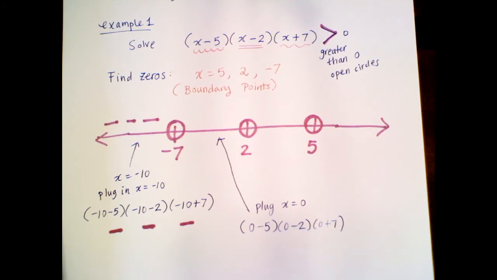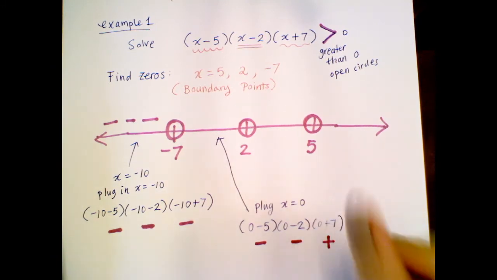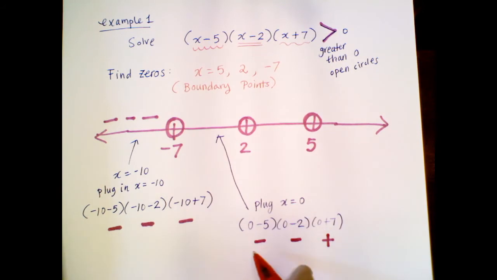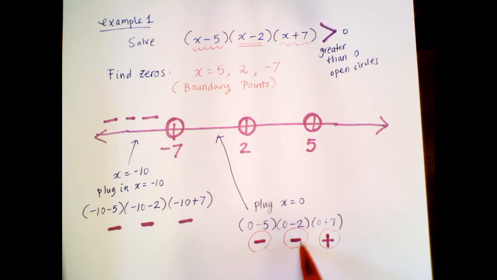Okay, what's that going to be? 0 minus 5 is negative 5. That's a negative number. 0 minus 2 is a negative number. And 0 plus 7, that's going to be a positive number. Take a look. If I multiply two negatives and a positive together, the two negatives will turn into a positive, and positive times positive is positive. So the answer will be a positive number.